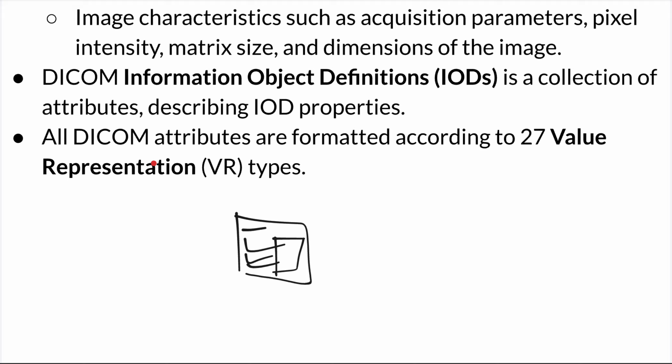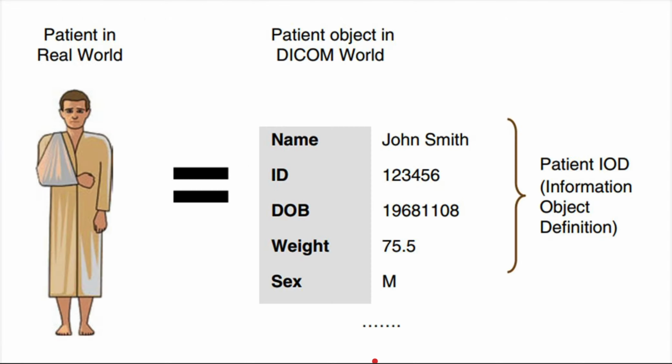Now, all DICOM attributes are formatted according to 27 value representations. So anytime we have a DICOM file or a DICOM object, we have 27 value representations that we use to describe it. We'll talk about them as we progress.